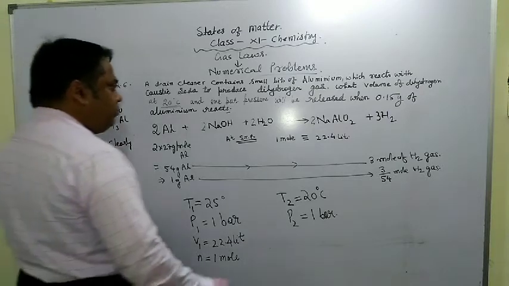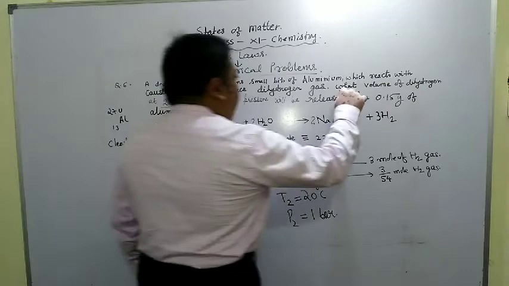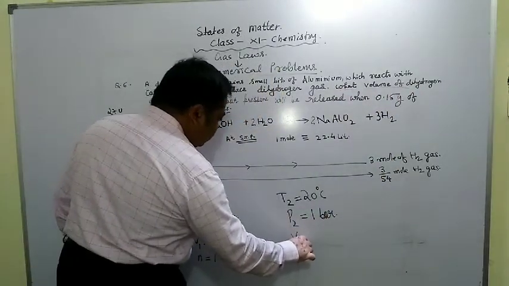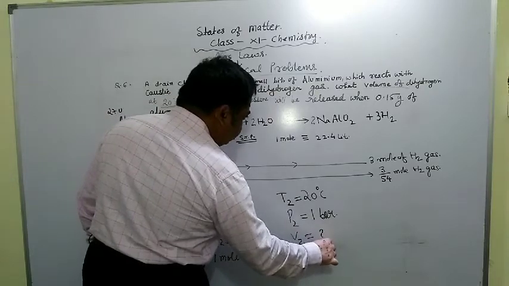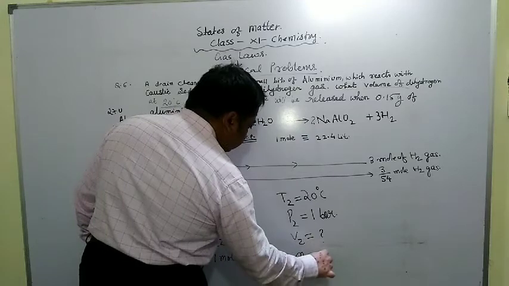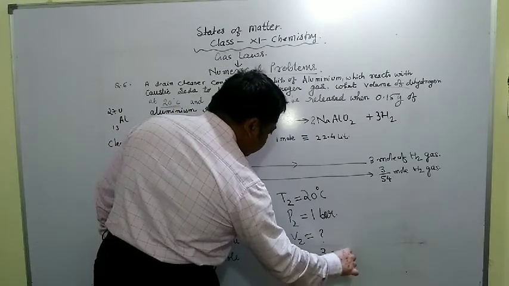Here we have to find out what volume of dihydrogen, so V2 we have to find out when n is equal to 3 by 54 moles.